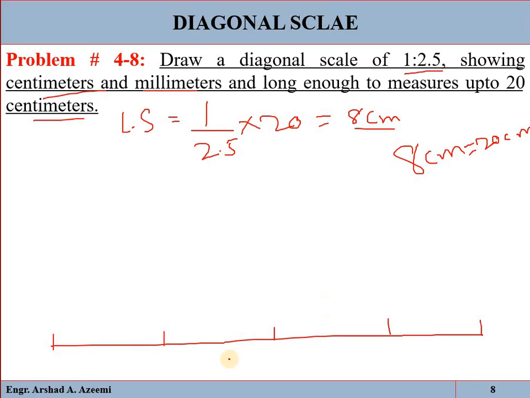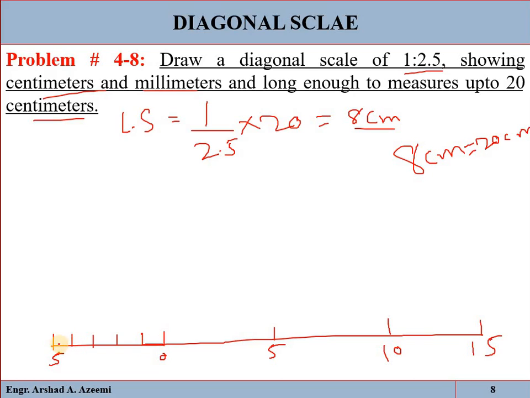So see, this one portion is representing how much? 5 centimeter. Now divide it into 5 equal parts: 1, 2, 3, 4. This one portion on the drawing will represent 1 centimeter of actual dimension.